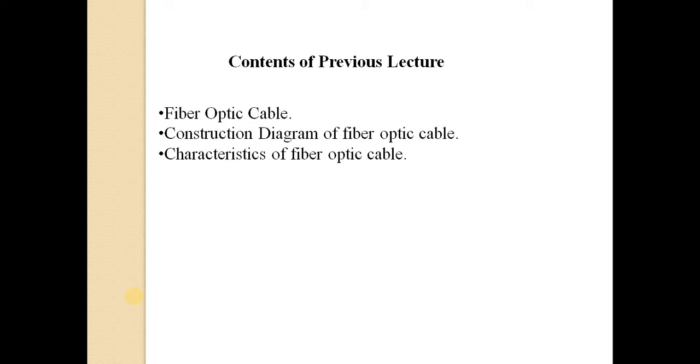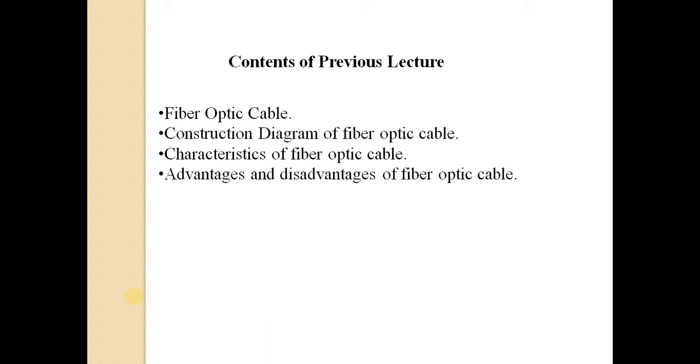Next point is the data rate of 3.5 Gbps over a distance of 318 km without repeaters. Means that it can carry a signal to a longer distance without using amplifiers and repeaters in between. This is the characteristics of fiber optic cable.